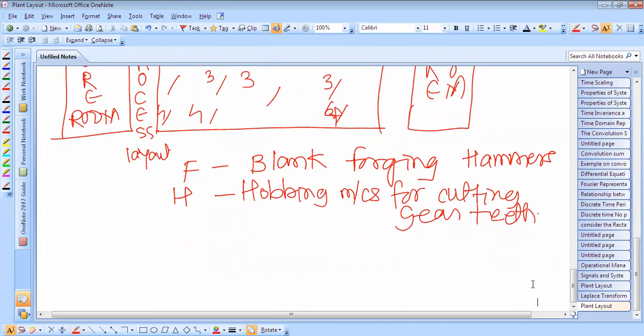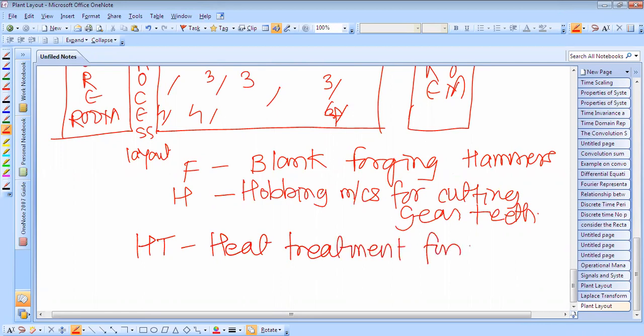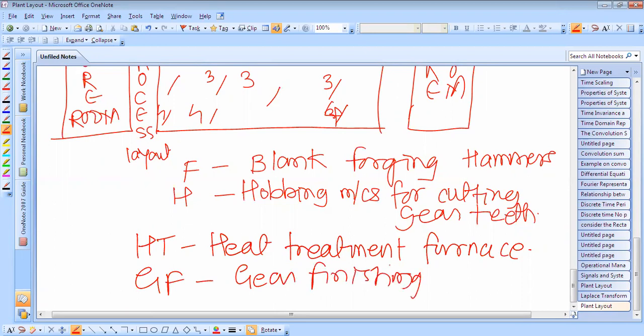And this HT is the heat treatment furnace, and GF stands for the gear finishing machine.